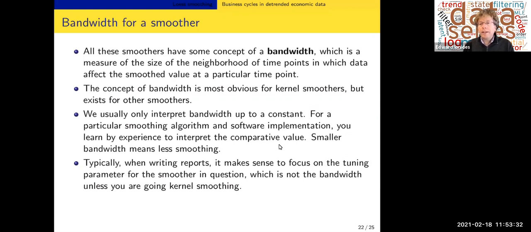When you're using these methods, rather than focusing on the bandwidth, you focus on the tuning parameter for the algorithm you're actually using, which, unless you're doing kernel smoothing, is probably something different from the bandwidth. They just calculate something that they call a bandwidth in case you want to interpret it, but we're not interpreting that much here. So there you go. We've introduced smoothers, and they're useful things. You can go ahead and play with them.